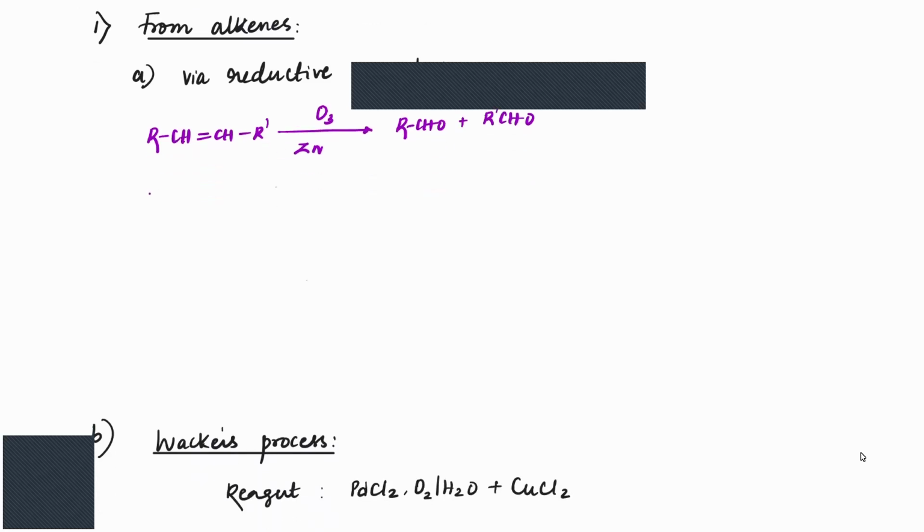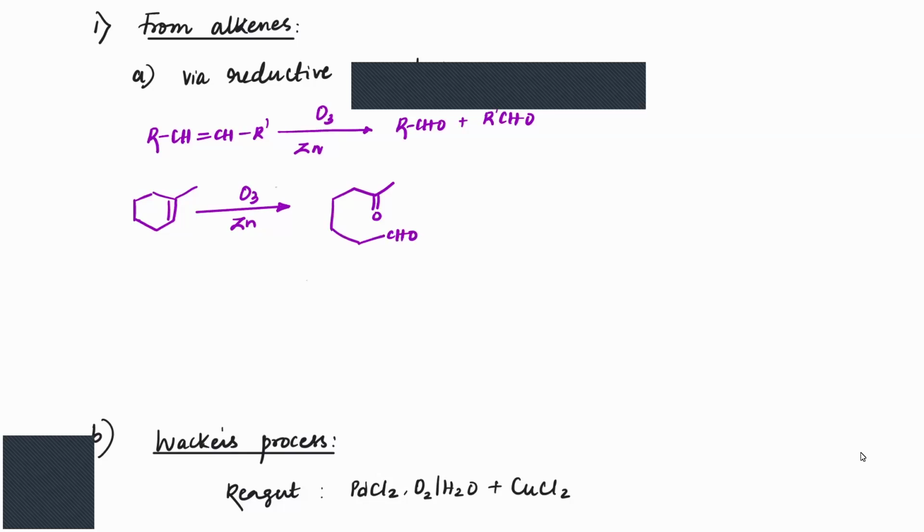Let's see a few examples. Suppose you have it in a cyclic form like this, and we perform reductive ozonolysis. On one end we will have a keto group, and on the other end we'll have an aldehyde group.